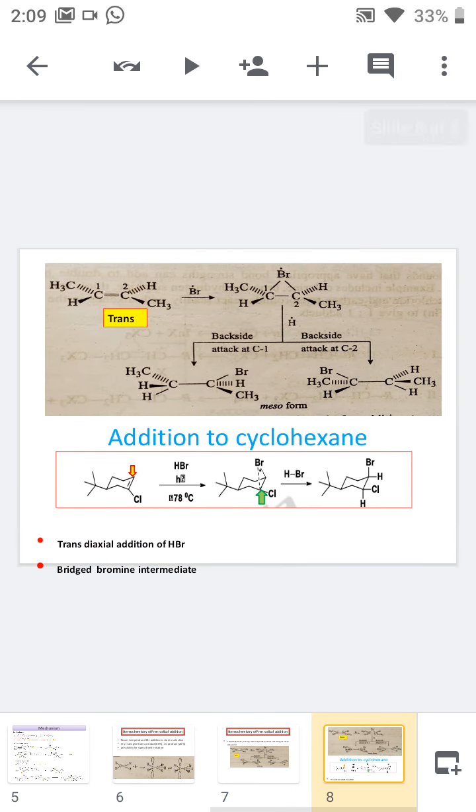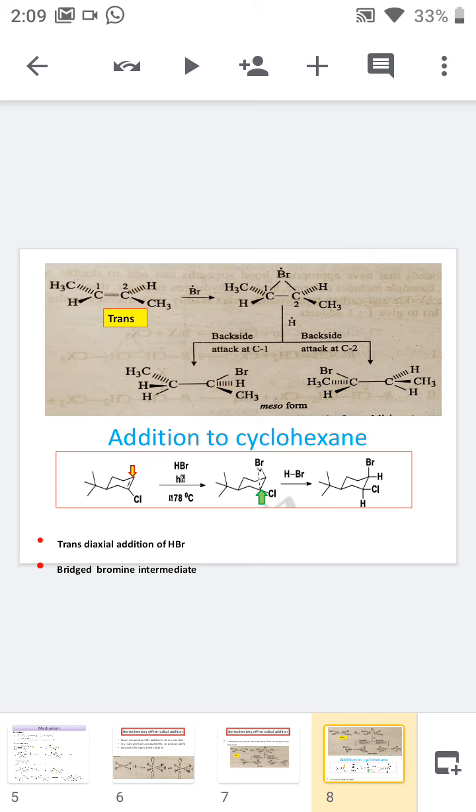Now we are moving into the final reaction, that is addition to a cyclohexene. See, in this example, this is a cyclohexene, which also contains a multiple bond, and in the multiple bond, one of the carbons is attached to a chlorine, which is electron withdrawing in nature. So our multiple bond is electron deficient.